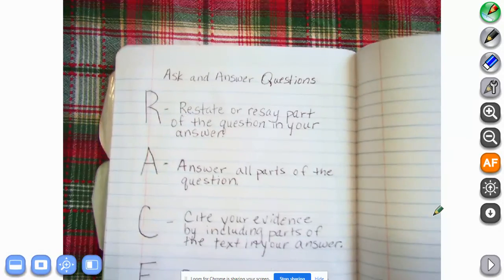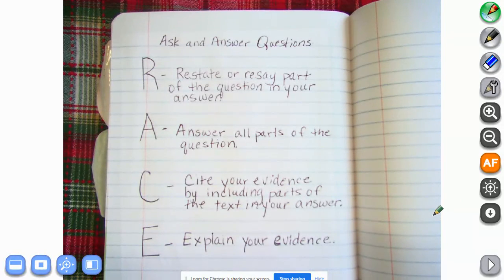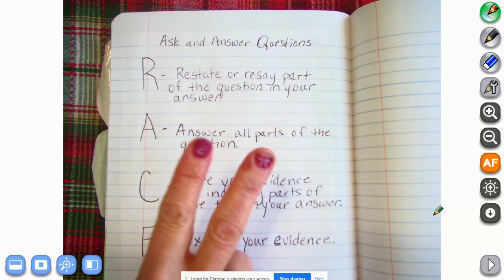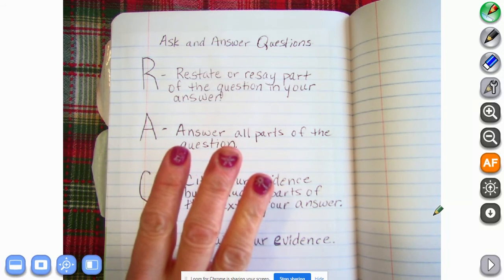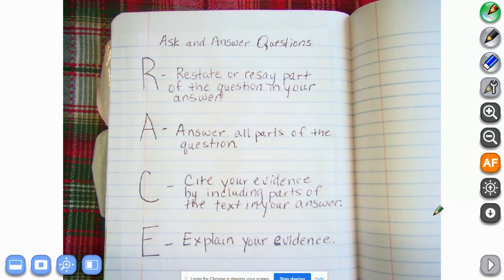And then using RACE will help us remember to restate part of the question in your answer, answer all parts of the question, cite your evidence that you found in the text, and explain your evidence after you find it. That's all we're going to do for today in our Reading Interactive Notebook.